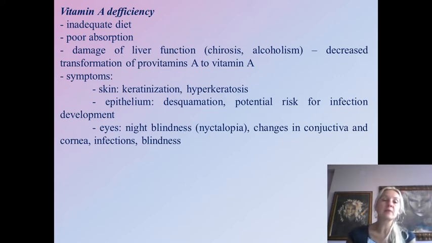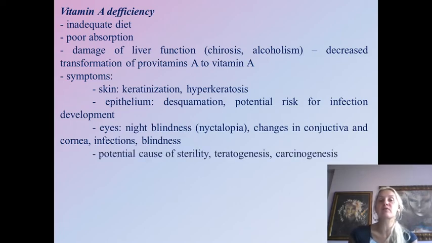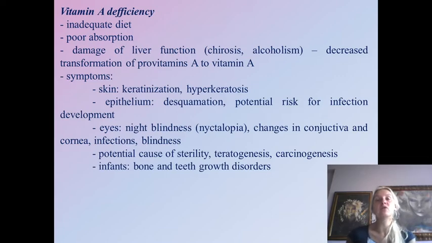It is also believed and suggested that vitamin A deficiency is a potential cause of sterility, teratogenesis, carcinogenesis, and numerous others. In infants, it affects bone and teeth growth and leads to numerous disorders of those.